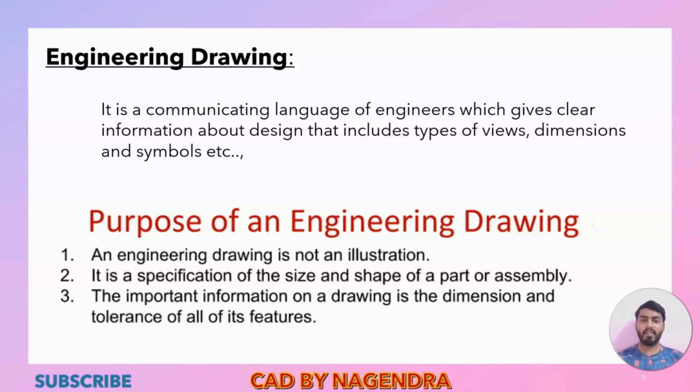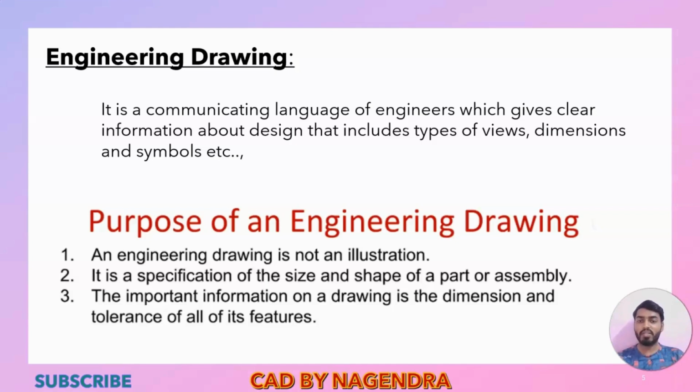It means, for example, I am an engineer and I have some thoughts in my brain. I need to express those thoughts and they should be understood by another engineer. If I say them directly with words, maybe he will not be able to understand properly. So whatever ideas I have in my brain, I will represent on a drawing sheet and provide that sheet to the other engineer.